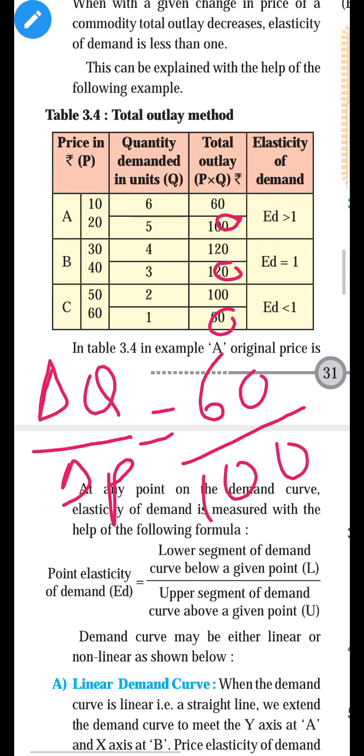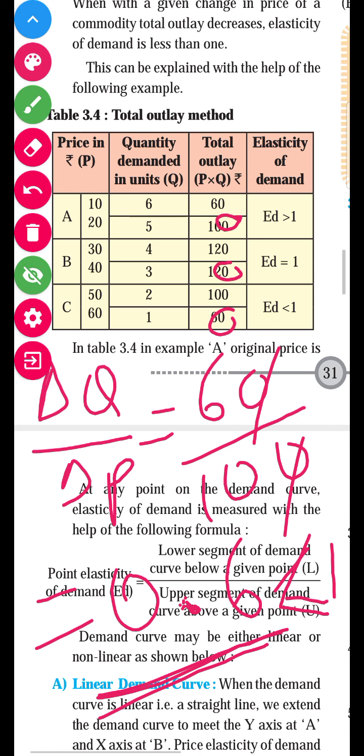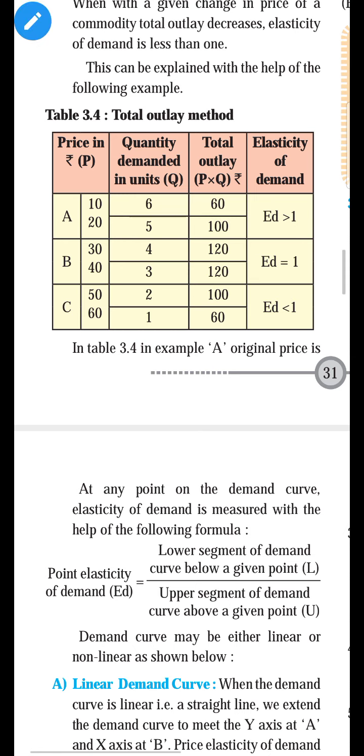When we solve, 60 upon 100 is equal to 0.6. If the answer is 0.6, which type of elasticity is it? It is less than 1. So it is relatively inelastic demand, type number 5. Okay, so in this way you can solve all these examples from the given table.